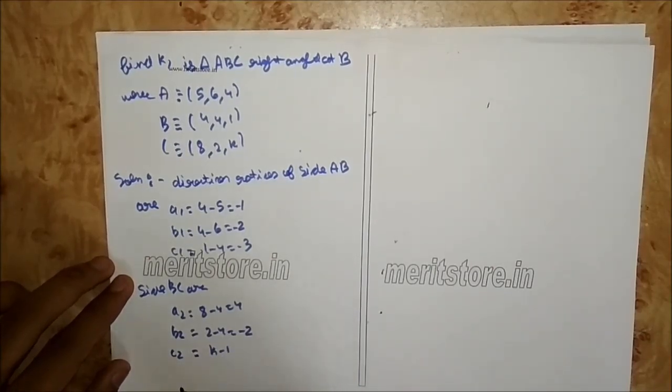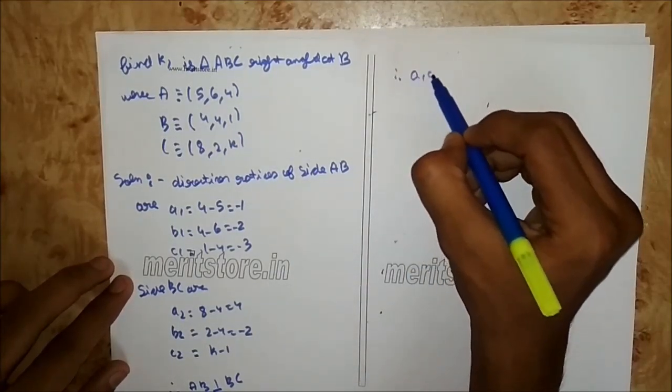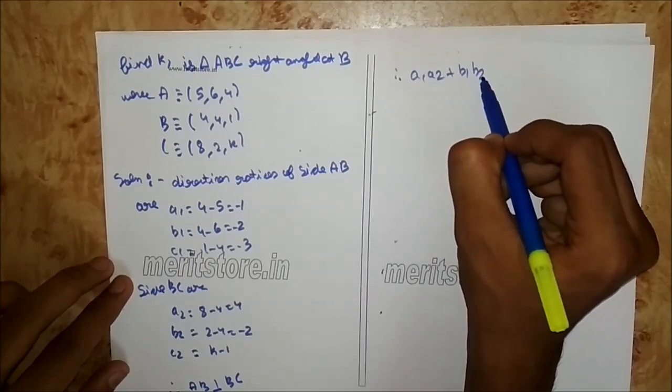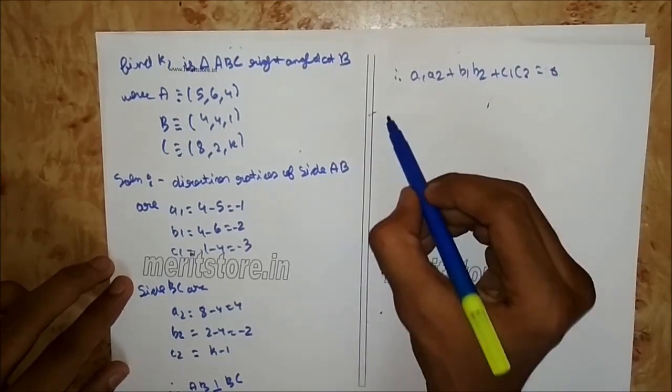Since triangle ABC is a right angled triangle at B, therefore AB is perpendicular to BC, therefore A1 A2 plus B1 B2 plus C1 C2 is equal to 0.